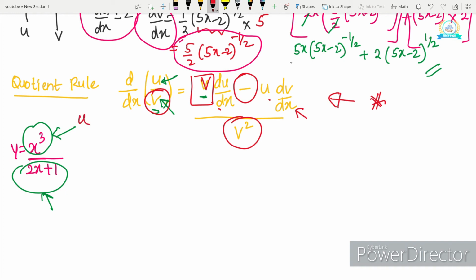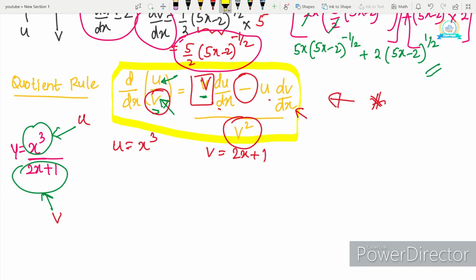So I have u here again, I have v here. The same steps I follow: you write u and you write v, and then you differentiate them to get the values we need to plug into the equation which defines the quotient rule. So du over dx is 3x squared.